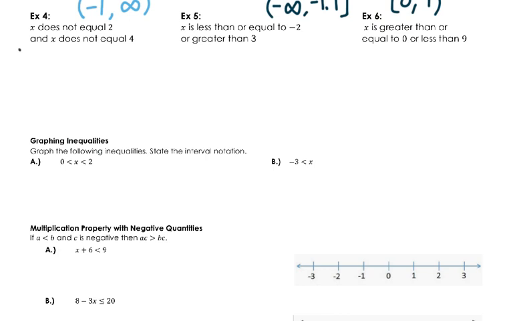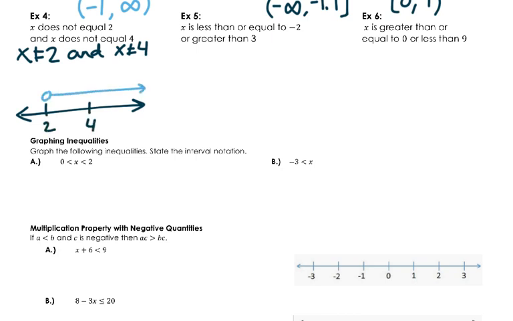X does not equal 2 and x does not equal 4. So this would take a working graph and a final graph to figure out my solution. Not equal to 2 means you could be bigger or less. You could be 1.99999 or 2.0000001, right?